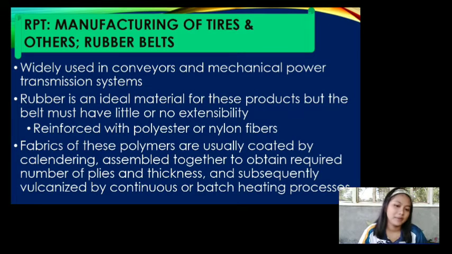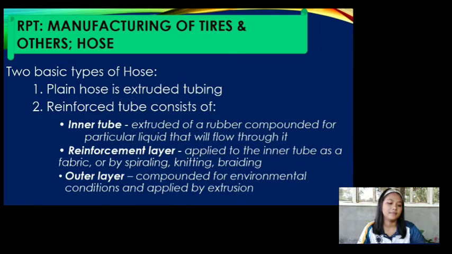Next is the rubber belts, which are widely used in conveyors and mechanical power transmission systems. Next is the hose. There are two basic types of hose. First is the plain hose, extruded tubing, and second is the reinforced hose, which consists of three parts.